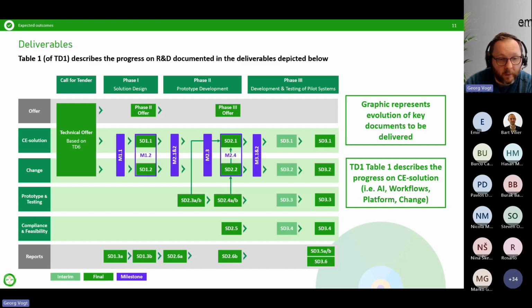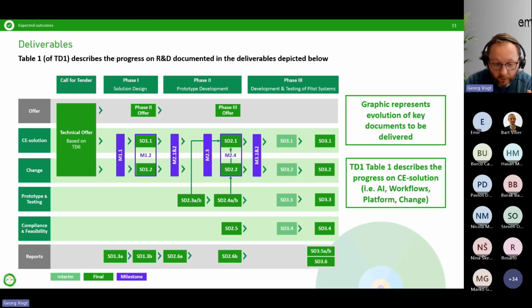And since it is a data-sensitive solution in a governed environment, obviously, you also provide us with some compliance and feasibility documentation, which includes GDPR, the AI risk assessment, for instance, and a business model ultimately. Yep. Because the project ends at some point. You will have tested, you have developed, achieved the R&D results.